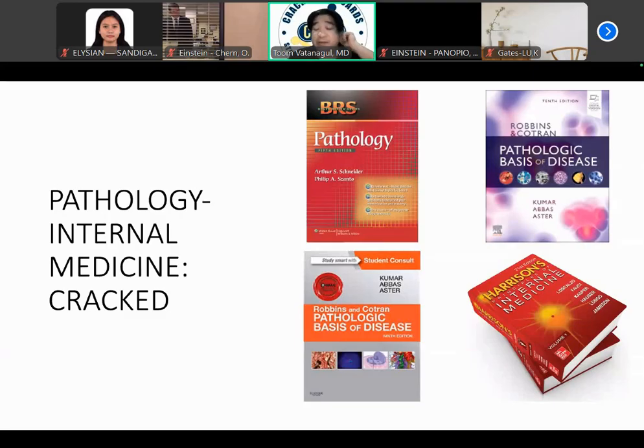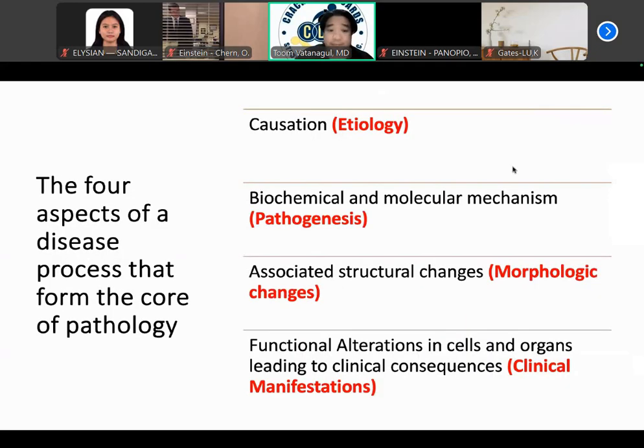The subject was medicine, a lot of basic core concepts on the pathogenesis, the morphology of diseases came out. And that is the reason why I'm fusing it, so that you will score higher, you will survive, and you will excel. Hopefully. Okay. Now, we're going to go into the concepts of pathology in general.